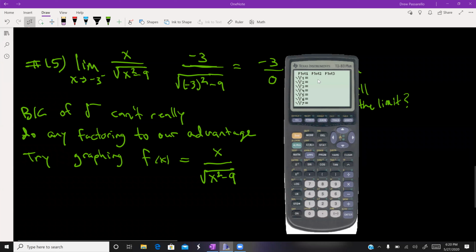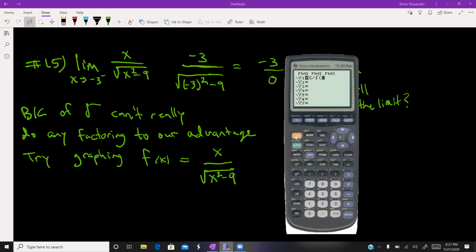So when I go to y equals, for y1 equals, I'm going to type in x, then division, and then the square root. So I'll do second, then the x squared button, because the square root sign is in yellow directly above the x squared button.